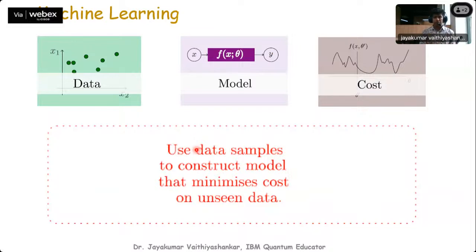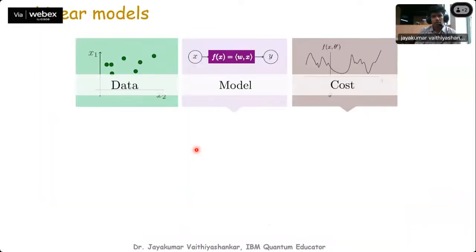Whenever you give new data, the execution or prediction should have minimal cost. This is the ultimate aim of all machine learning models. Cost means how much resource and how much time the process is consuming.